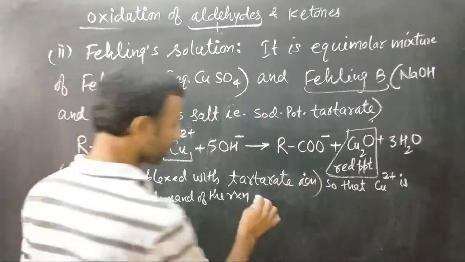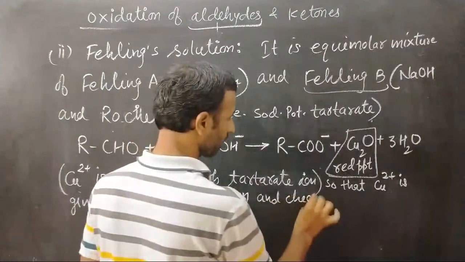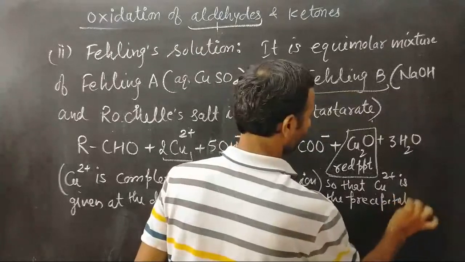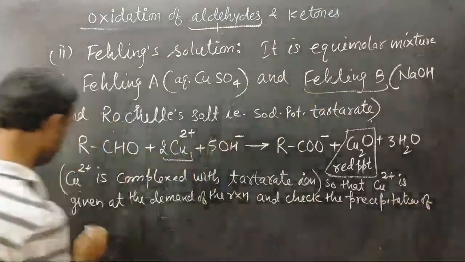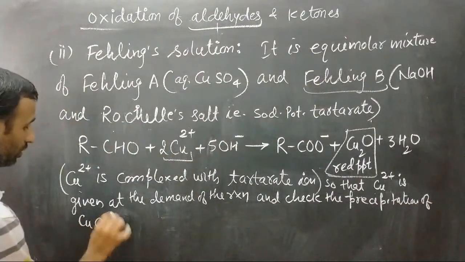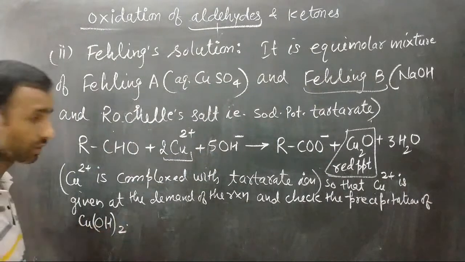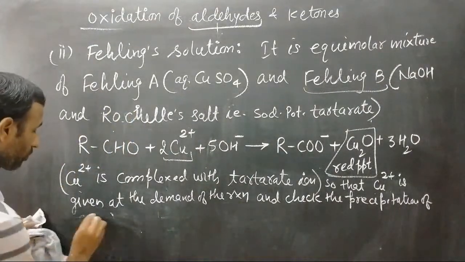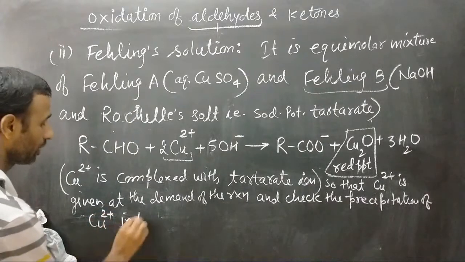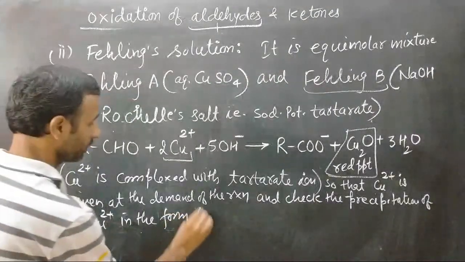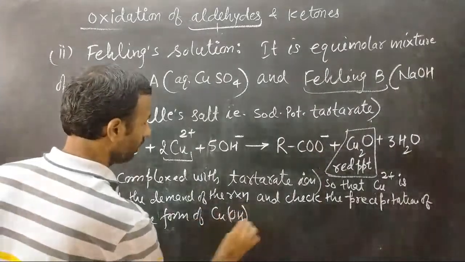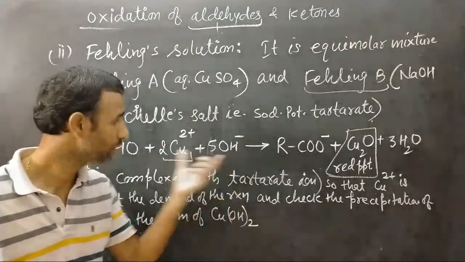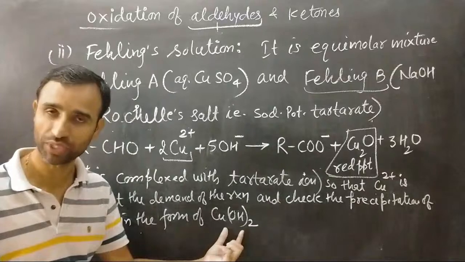At the same time, it checks the precipitation of copper 2 plus in the form of cupric hydroxide. Otherwise, what would happen? Copper 2 plus would react with OH negative and we would get cupric hydroxide as a precipitate.